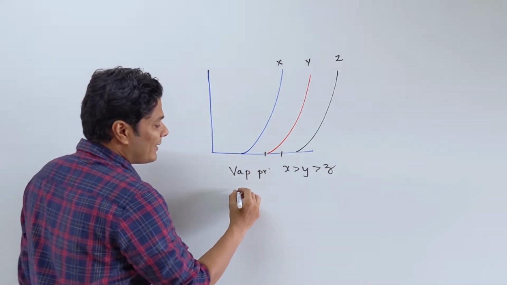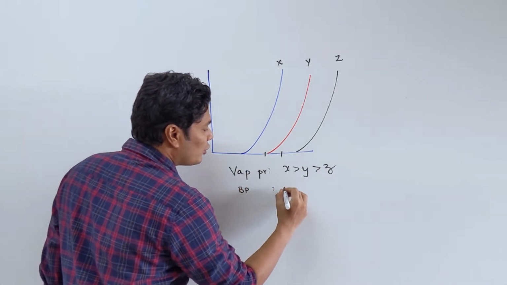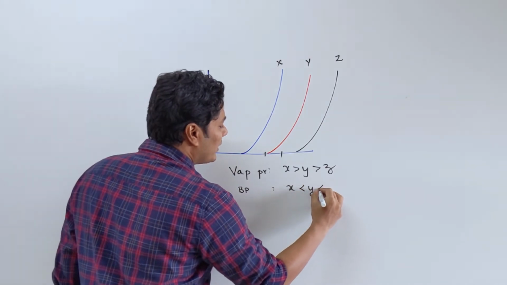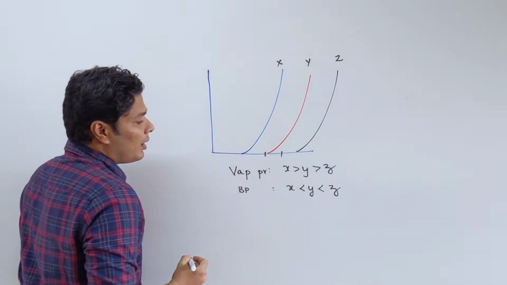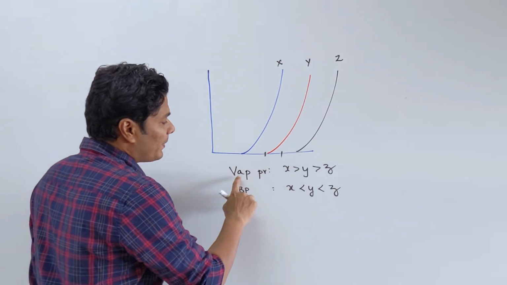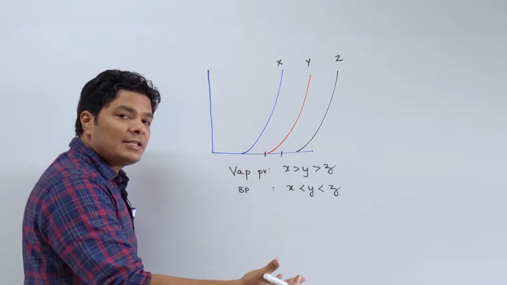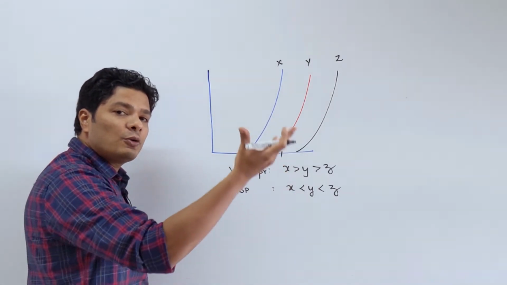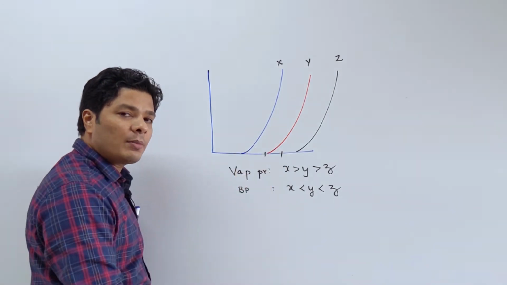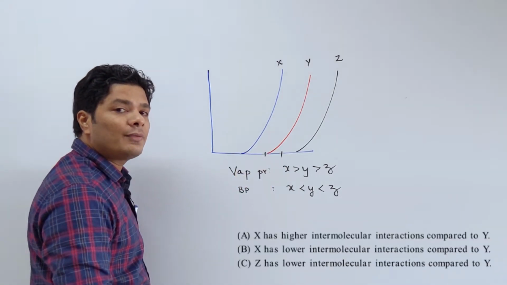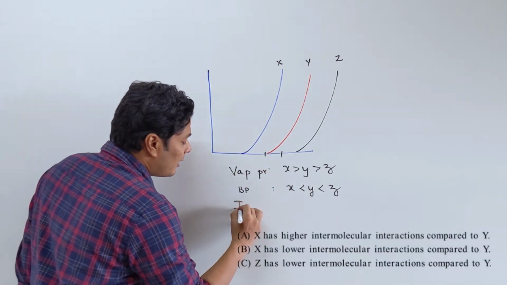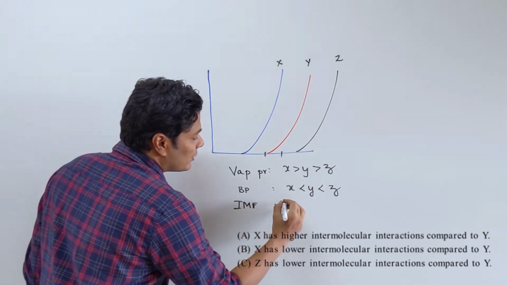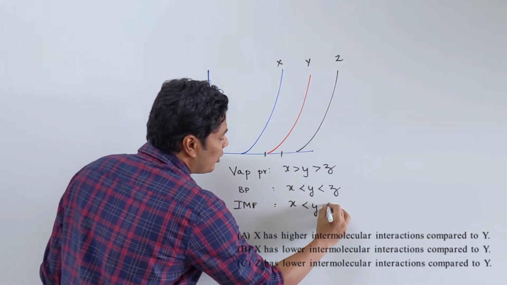If we know this, we can also do boiling point: X lower than Y, which is lower than Z. Now, vapor pressure is high, meaning it easily goes into vapor. If something easily goes into vapor, the intermolecular force is low. So the intermolecular force would be in the same order.